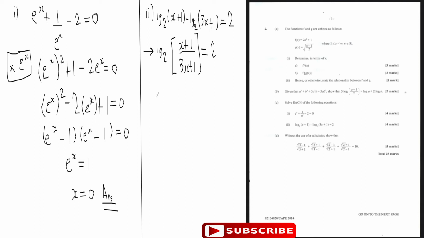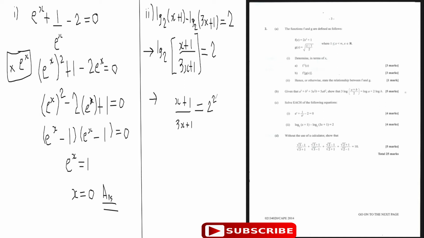So then 2 squared is 4, and we can conclude that (x plus 1) over (3x plus 1) is equal to 2 squared, by laws of logarithm.